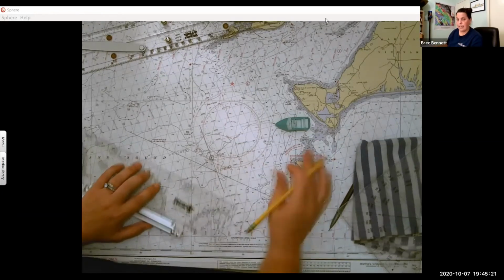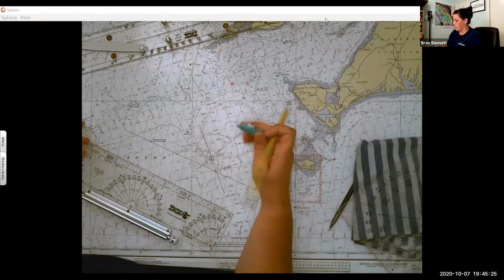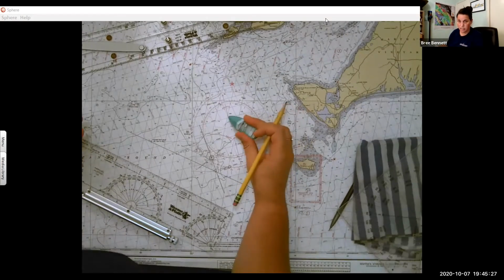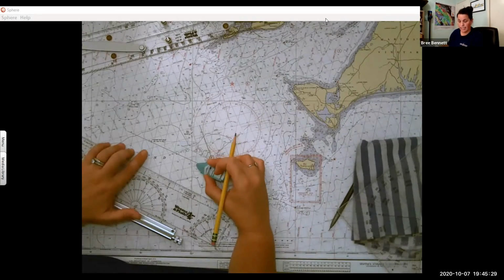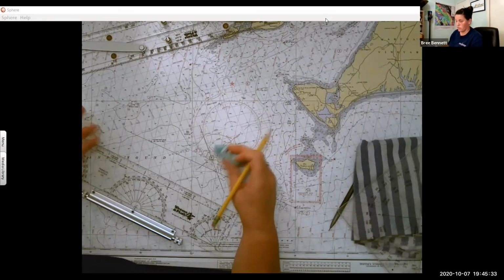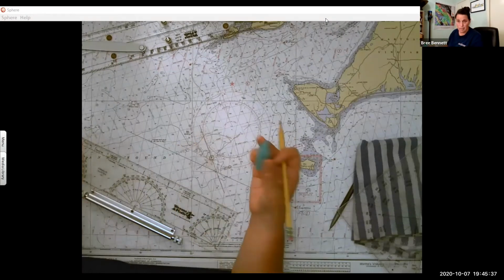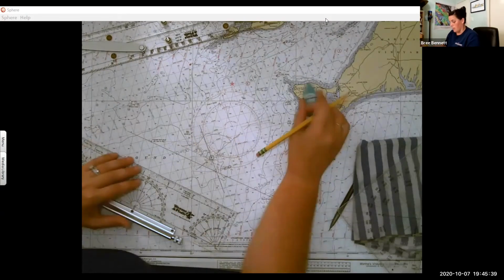So it's up to you on what you want to do. I would say most recreational boaters don't really care about getting back to that imaginary road. Most commercial boaters steer back to the imaginary road. Again, it's imaginary, doesn't really matter.